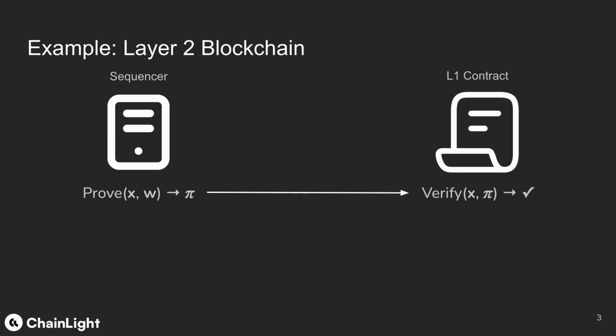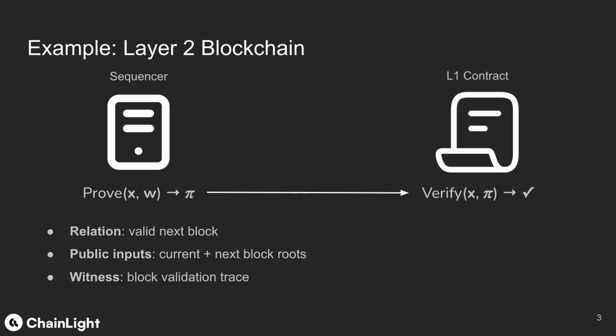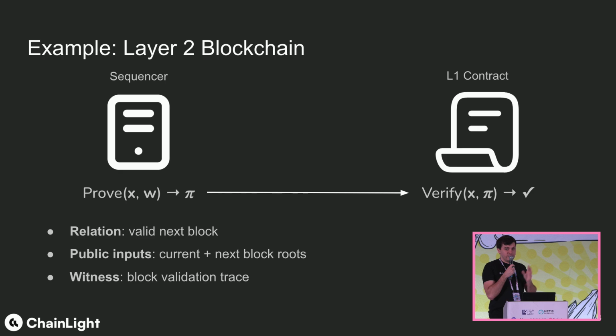So how do some examples fit into this? In a layer 2 blockchain, the prover is usually the sequencer or some party associated with the sequencer, and the verifier is an L1 contract. Essentially, they're proving the block transition function. The public data are essentially two consecutive block roots, and the witness data is some validation trace, like the trace of a program that validates the block transition function.